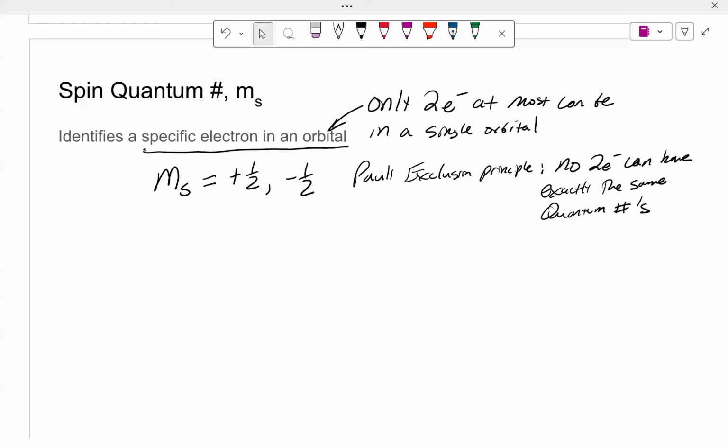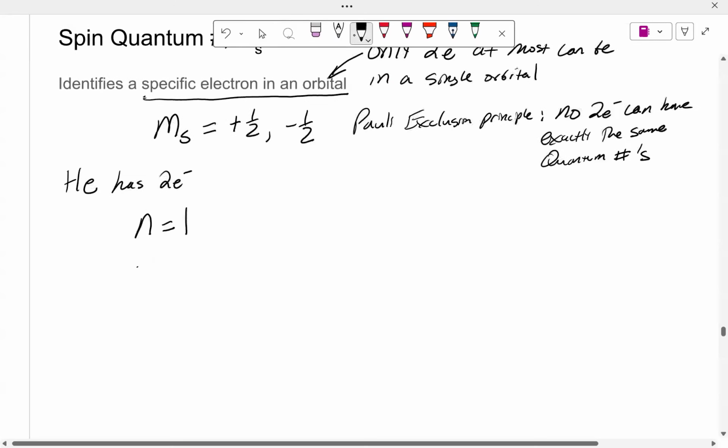So, for example, if we take helium, helium has 2 electrons. Now, how do I know that? Well, helium has an atomic number of 2, so 2 protons. So if it's neutral, it has 2 electrons. Now, those 2 electrons have a different address. If we look at where helium is on the periodic table, n equals 1, and then that means L can only be 0.